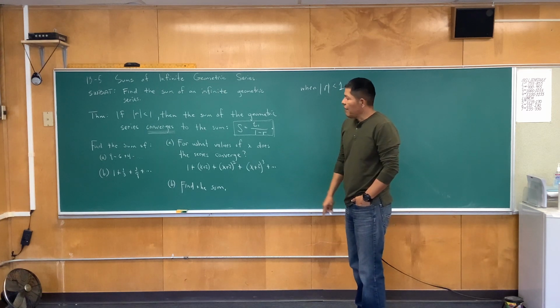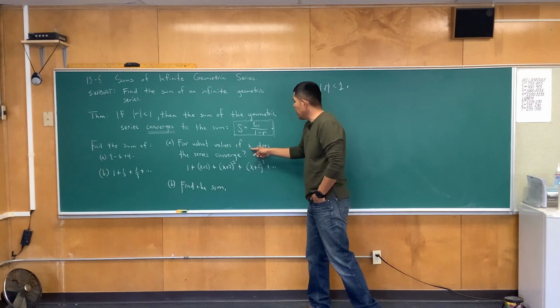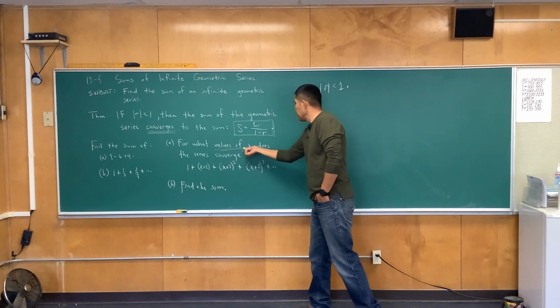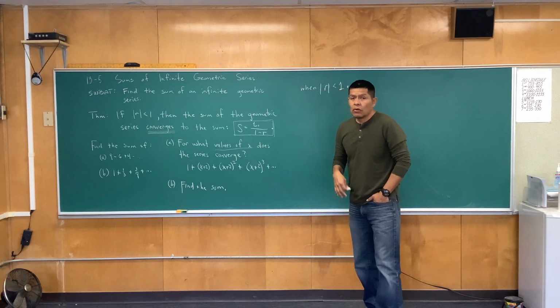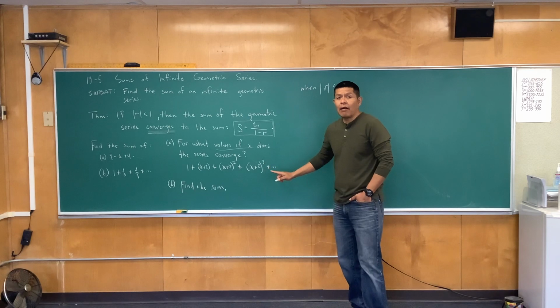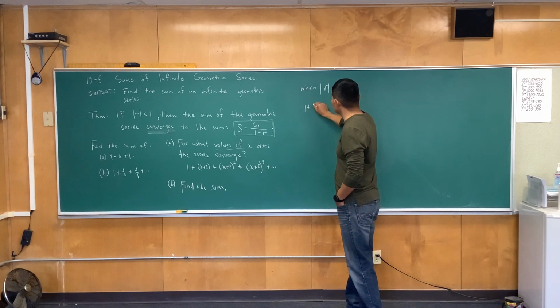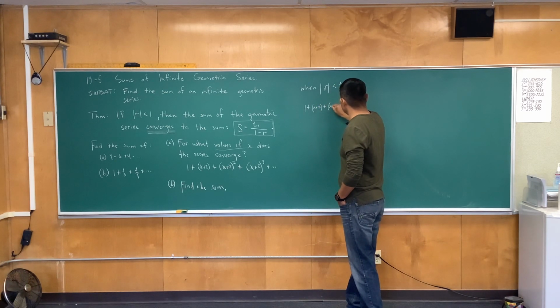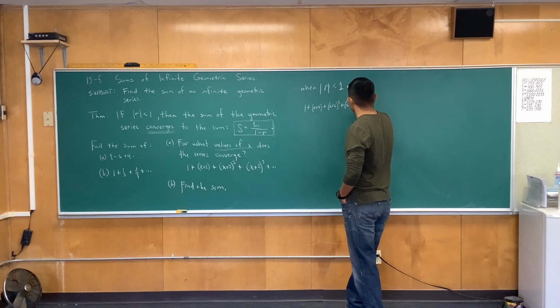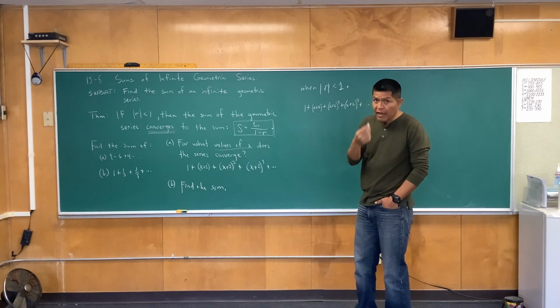Then we have to find the values of x. So what values of x do we have to use? First, we have to find r. For this sequence, 1 plus (x plus 2) plus (x plus 2) squared plus (x plus 2) cubed, we have to find r.